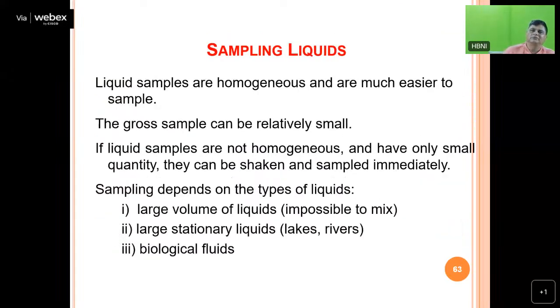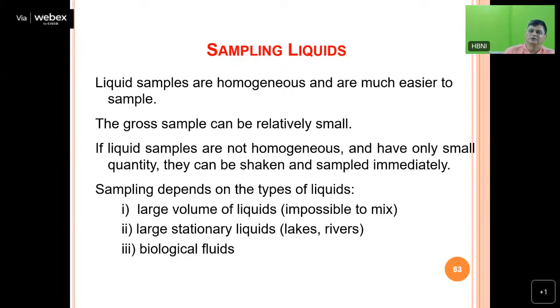As I told you, liquid sampling is much easier because these samples are relatively small, and if liquid samples are not homogeneous and have only a small quantity, they can be shaken and sampled immediately. The sampling depends on the type of liquid.